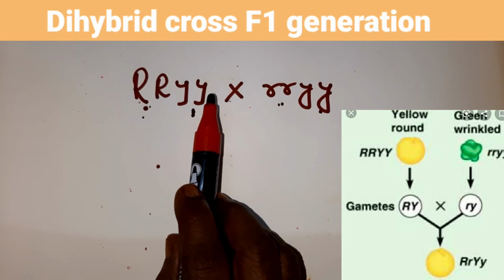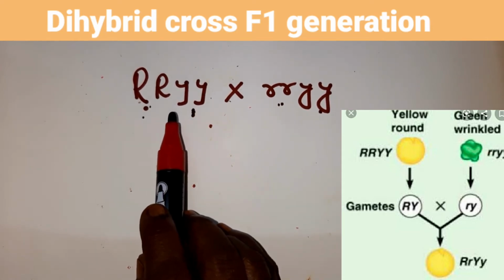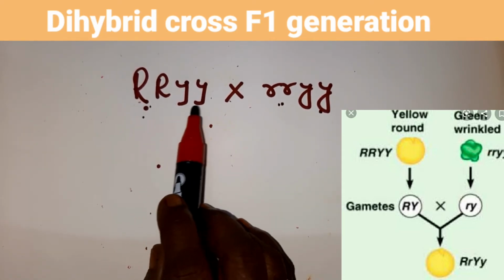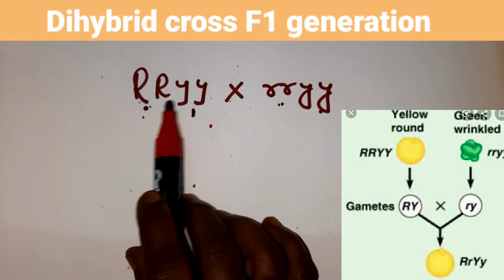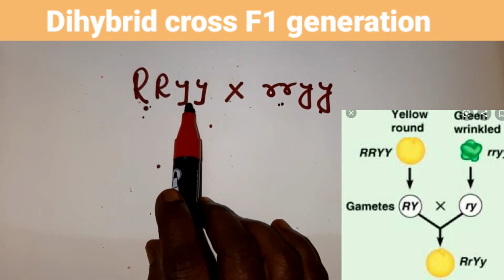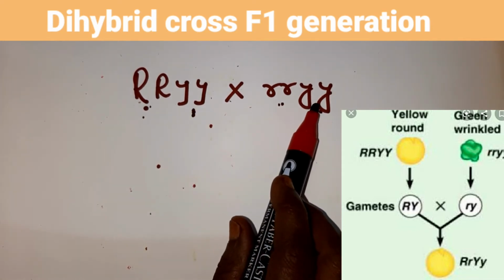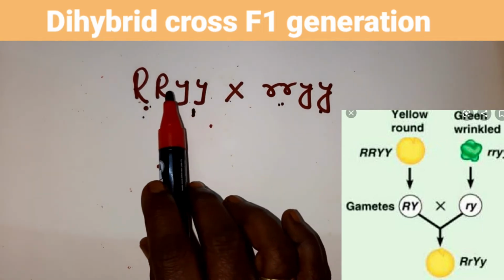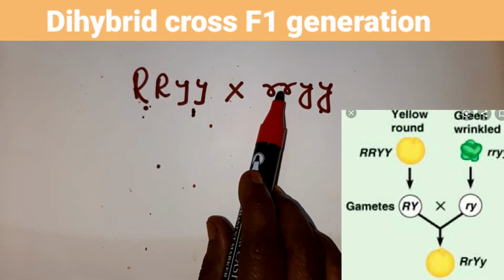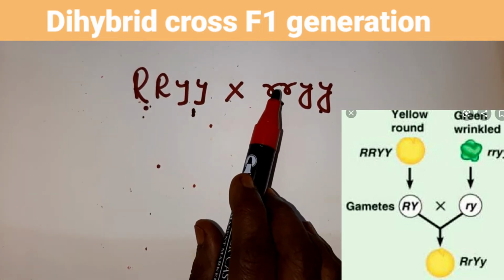You all understood, children? Here two contrasting characters are there, two different plants with two contrasting characters. One is color, children, and the other is shape. So what is that color? Yellow and green, capital Y, small y. And shape is round and wrinkled, capital R, small r. You all understood, children?